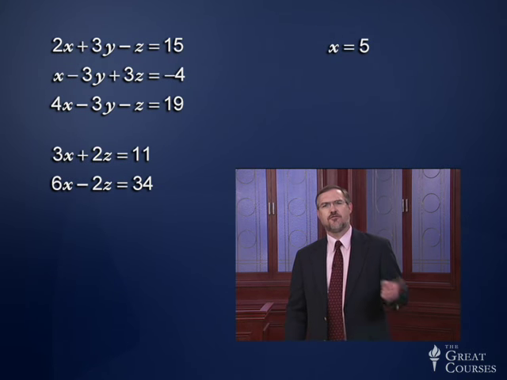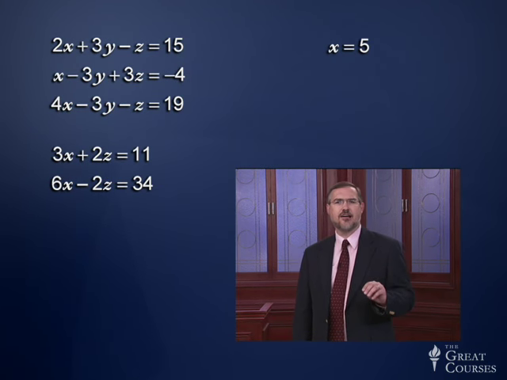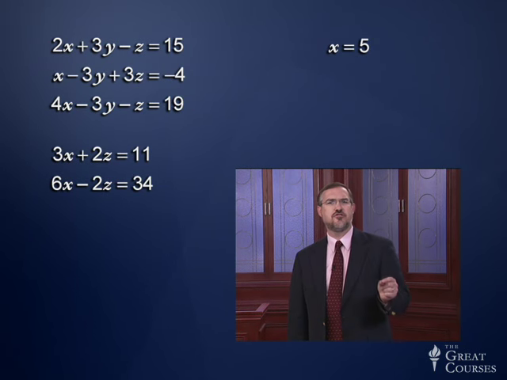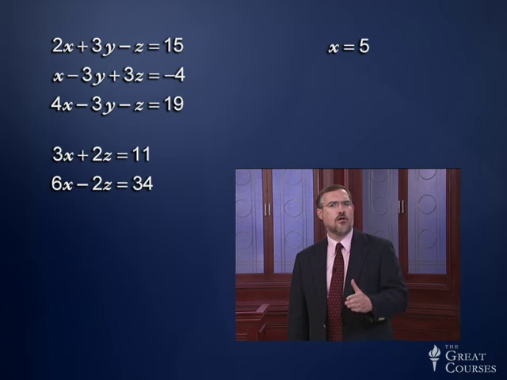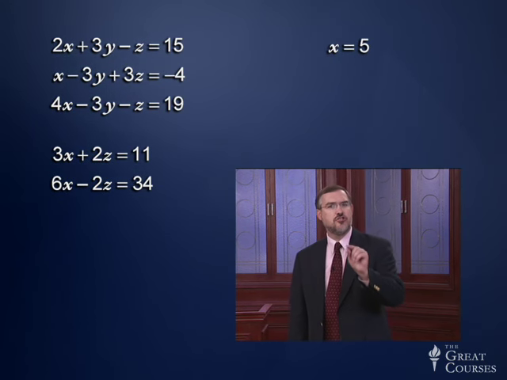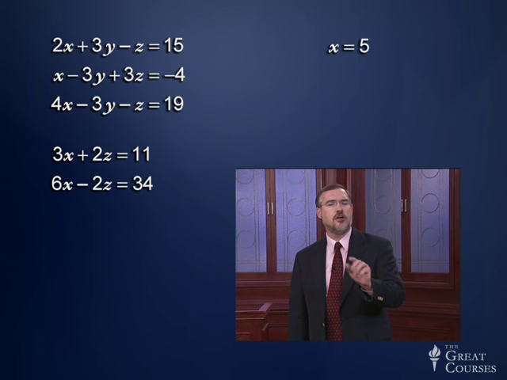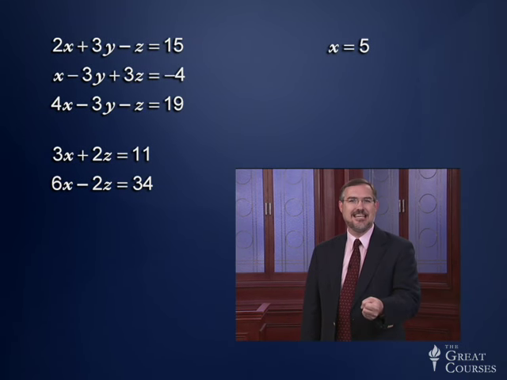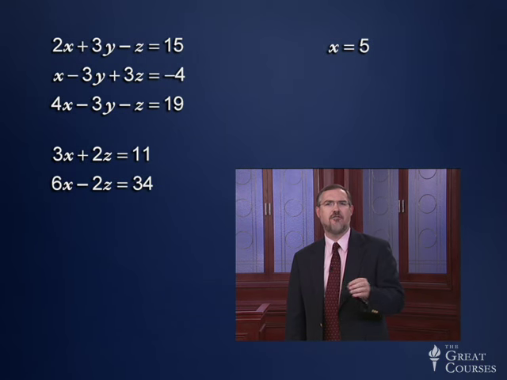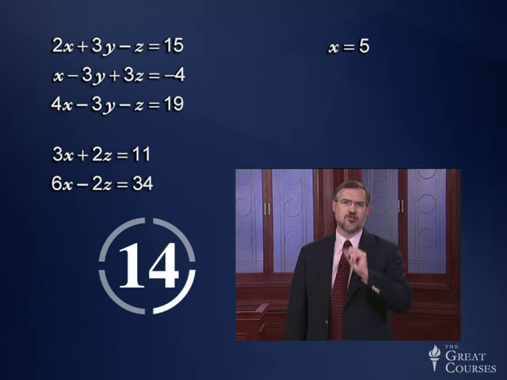Well, the first thing we do is we put the x equals 5 back into either 3x plus 2z equals 11 or the 6x minus 2z equals 34. When we do that, what are we trying to do? We're going to try to find z at that point. And remember, you can put the x equals 5 back into either of those two equations.